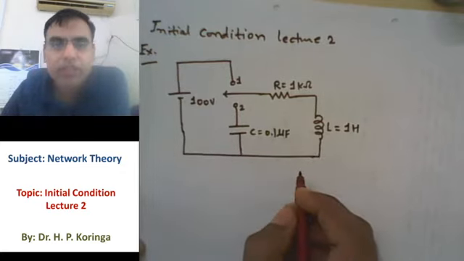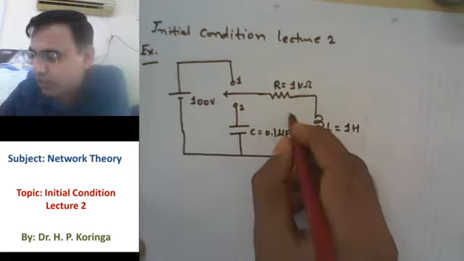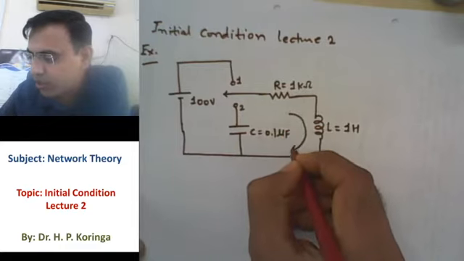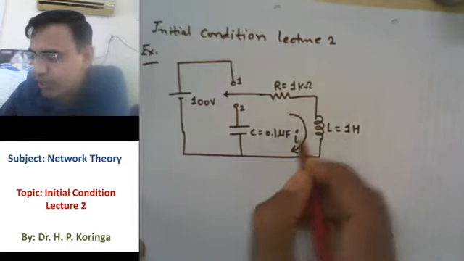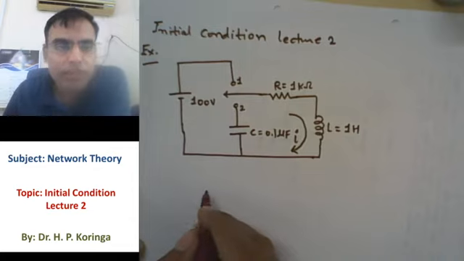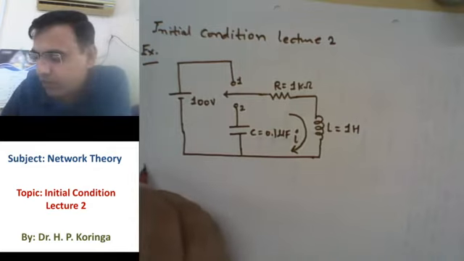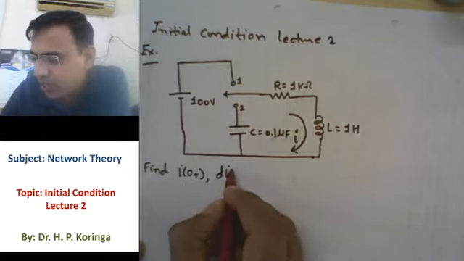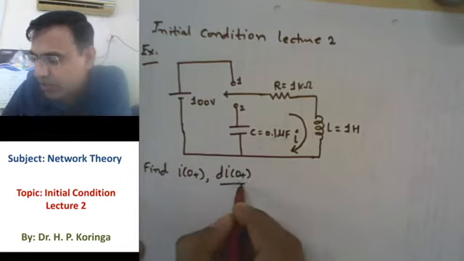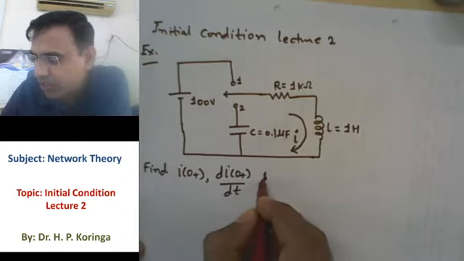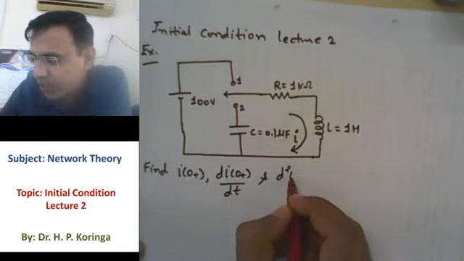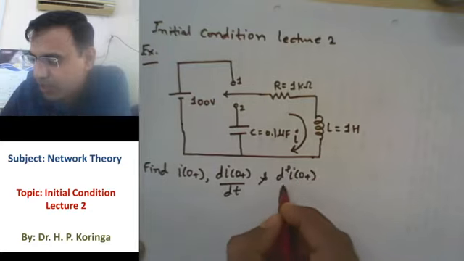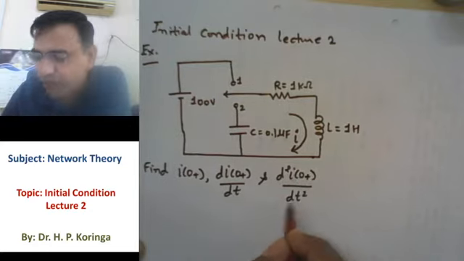Here the current passing through this circuit, the current passing through the inductor, is I. The question is to find I(0+), di(0+)/dt and d²i(0+)/dt².